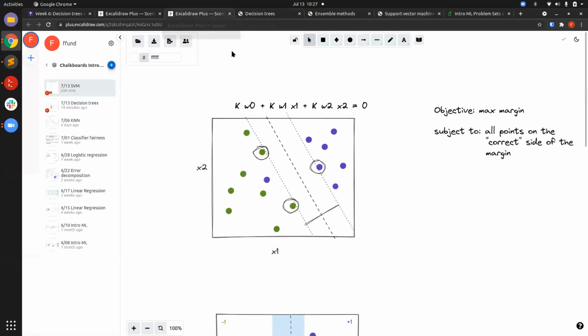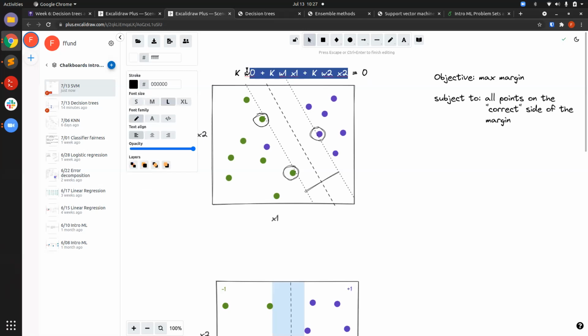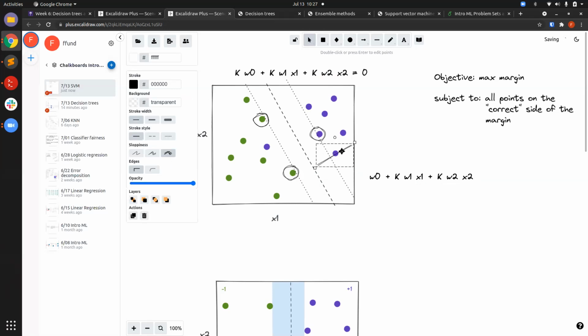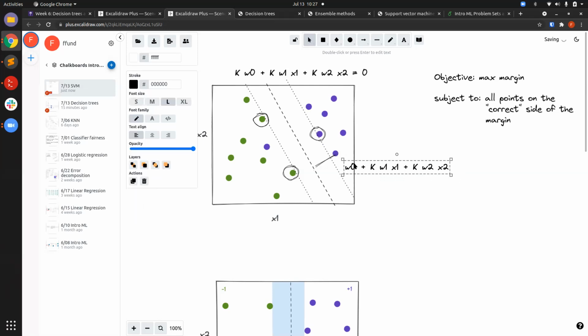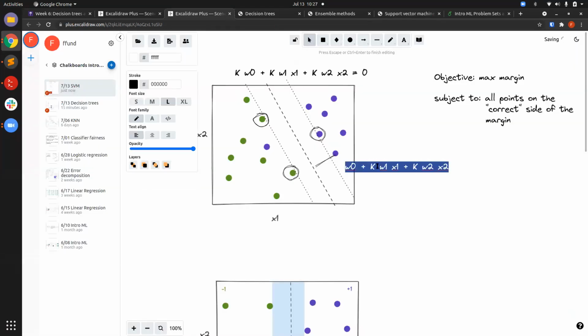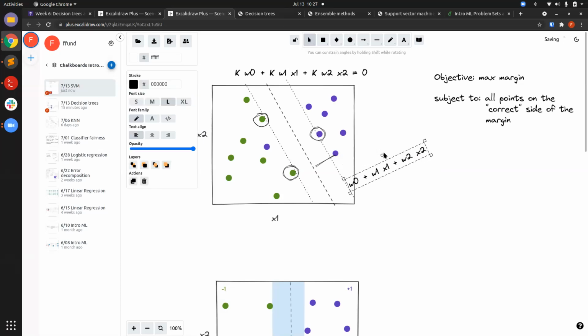then the distance of a particular point from the hyperplane, so this distance, is going to be equal to w0 plus w1 x1 plus w2 x2.